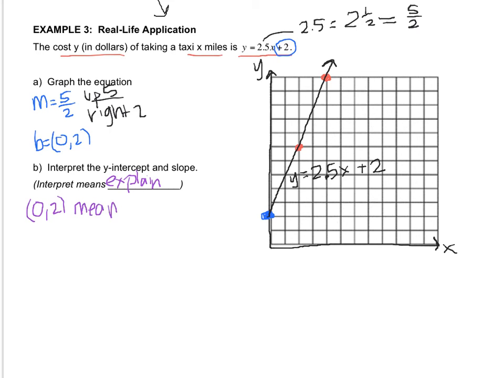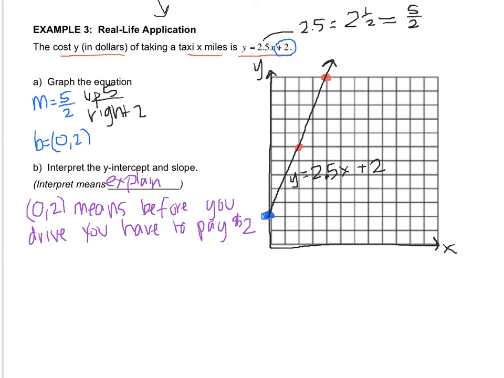Well, 0 stands for the x value, and x is miles. And 2 stands for the y value, and that's dollars. So what does 0 miles mean? Well, 0 miles means you haven't gone anywhere, and 2 means $2. So before you go anywhere in this taxi, you have to pay $2.